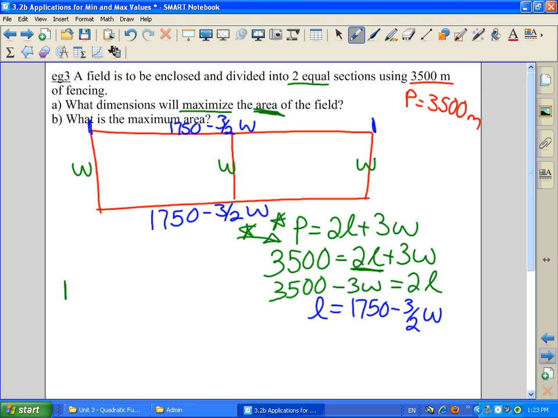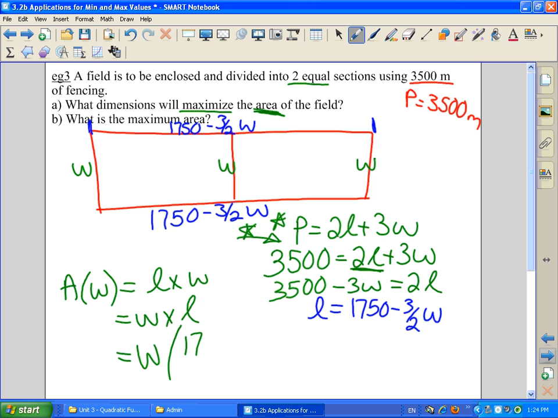Just remember, area equals length times width, but area in terms of its reference to width is going to equal length times width, or you might like to do width times length. Okay, and when we sub this in, we know width is W, but our length is 1750, subtract 3 over 2 W. All right, I'll just move that over so you know that's just a bit of a margin there.